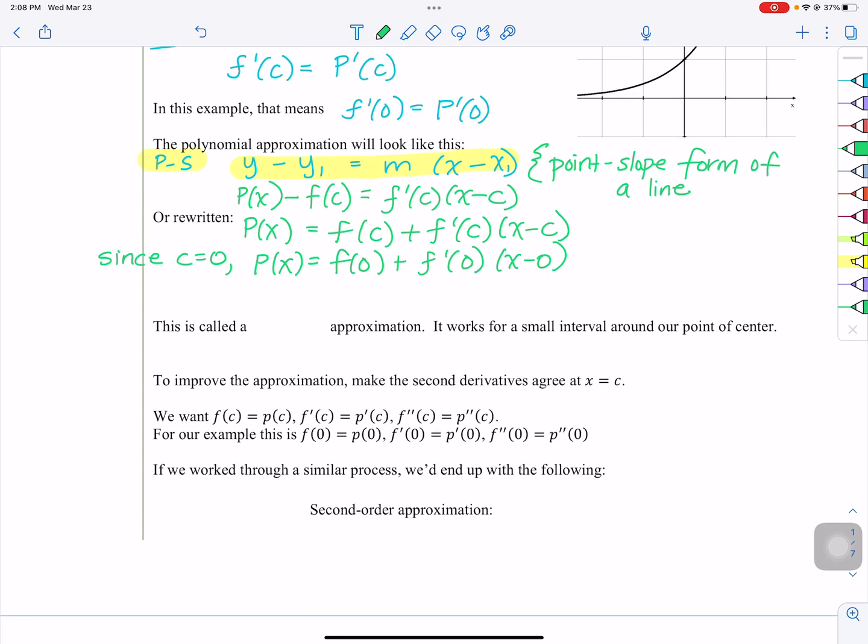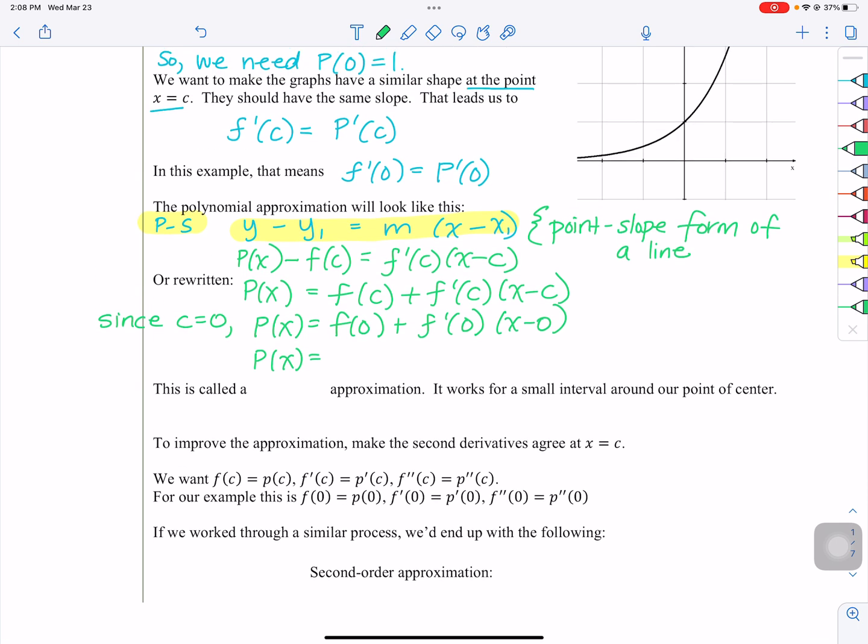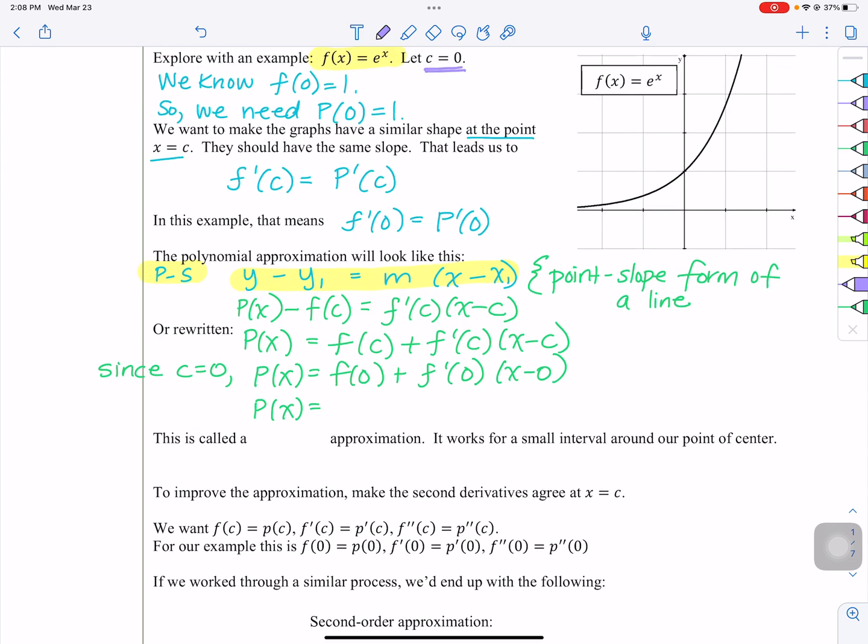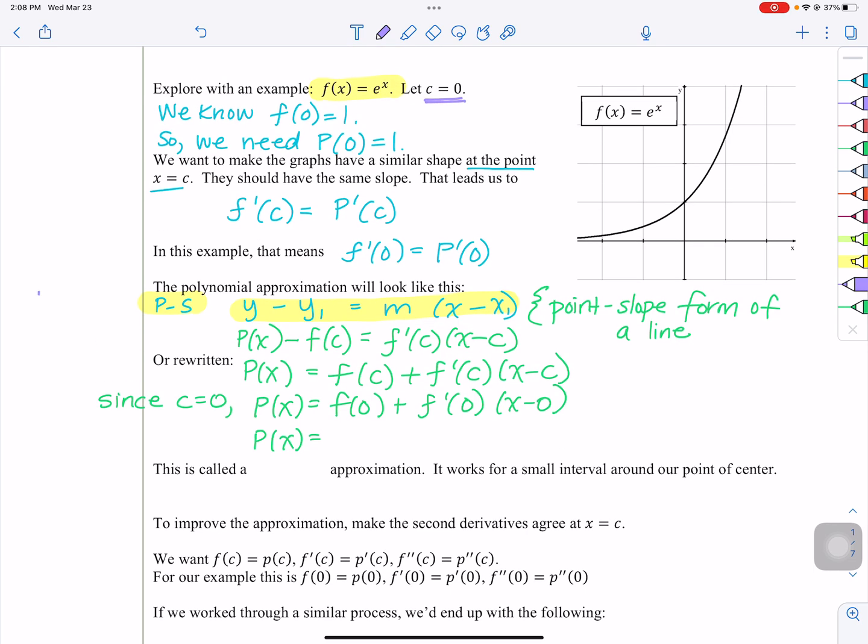And that simplifies to p of x equals, and f of 0, let's find those values. Since we have f of x equal to e to the x, we know that f of 0 is e to the 0, which is 1. We also know that f prime of x is equal to e to the x, and f prime of 0 is also equal to 1.